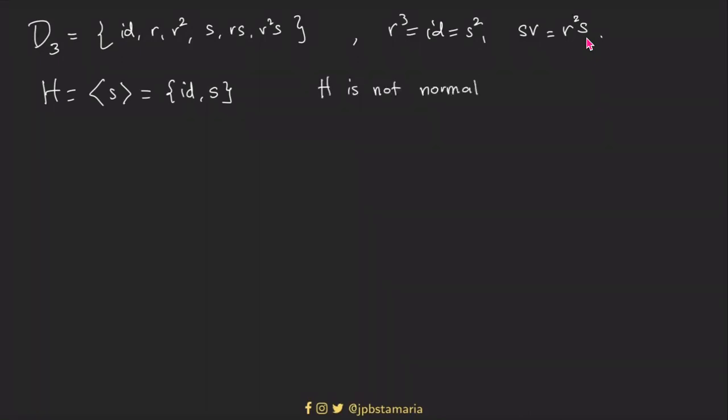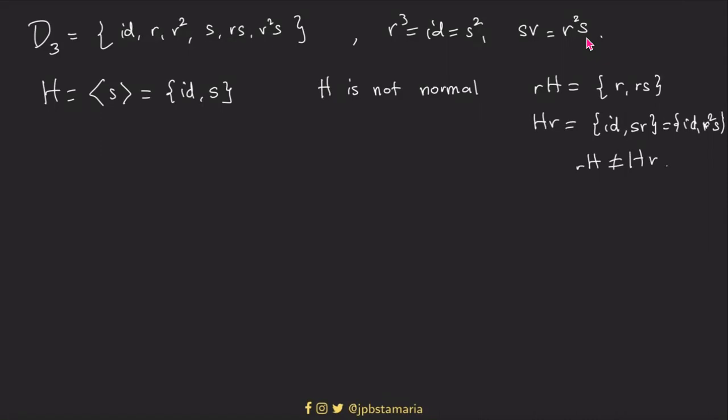Because RH is RS, whereas HR is SR, and SR happens to be R squared S. So they are not the same.